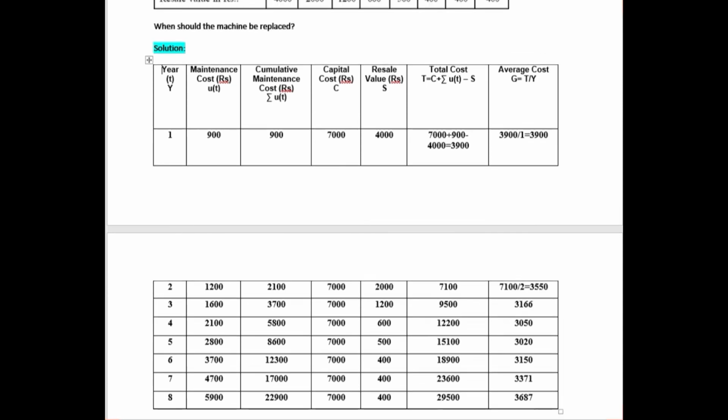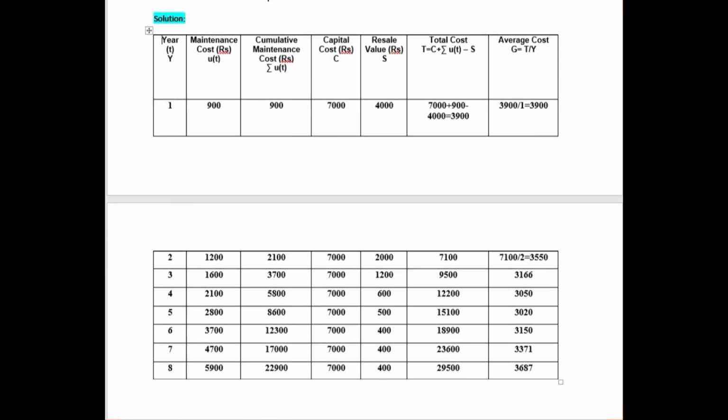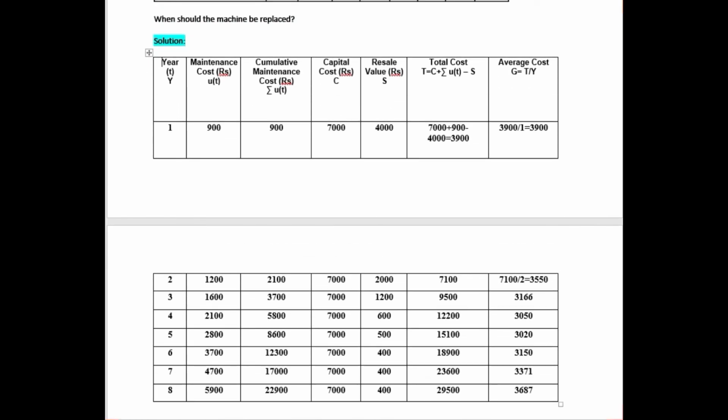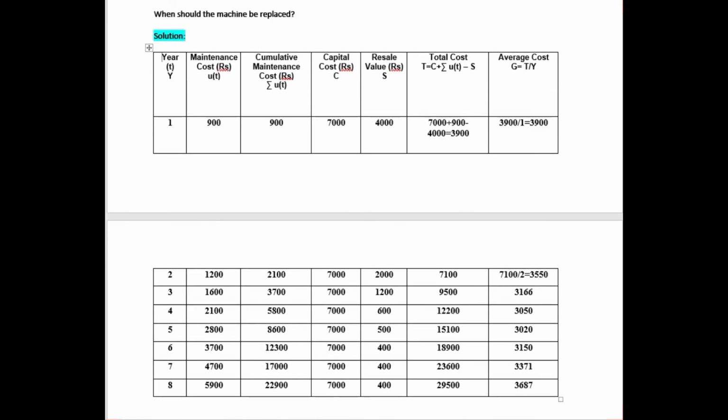Okay, so from the table, look at the two columns, that is maintenance cost per year, it means the particular year, and the average cost. So at the end of first year, the maintenance cost is 900, and the average cost is 3900.